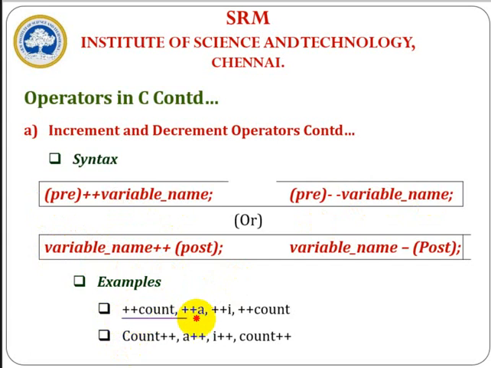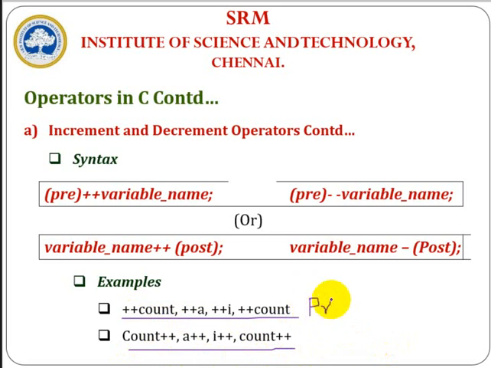So these all are pre-incrementation operations, and these all are post-incrementation operations. Okay. So what happened? In the pre, the operator comes first, followed by the variable.